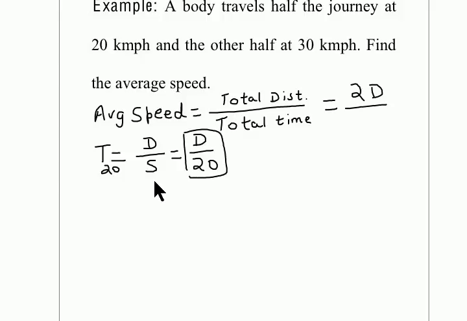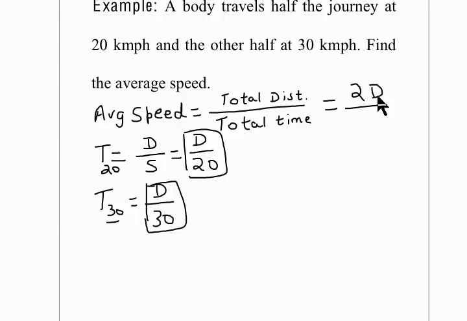And now when it travels at 30 miles an hour, you have t30 equals distance, which is again d, this was our original assumption, and the speed is 30. So the time taken when it travels at 30 miles an hour is d by 30.